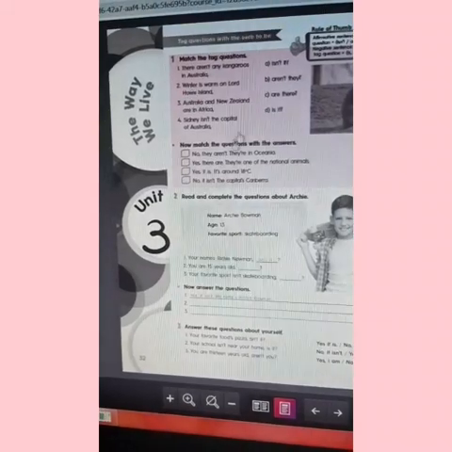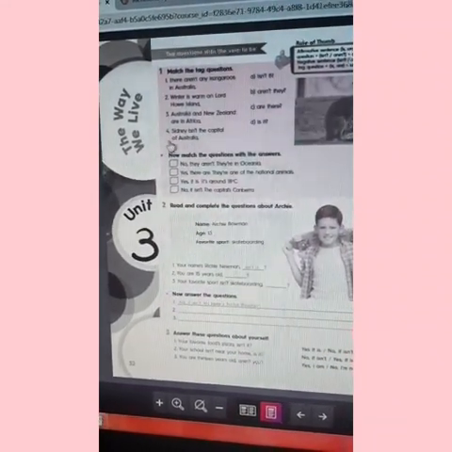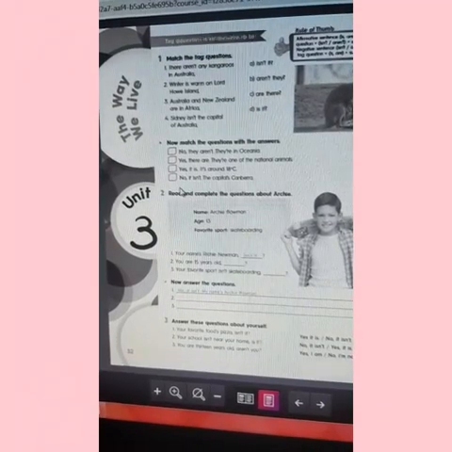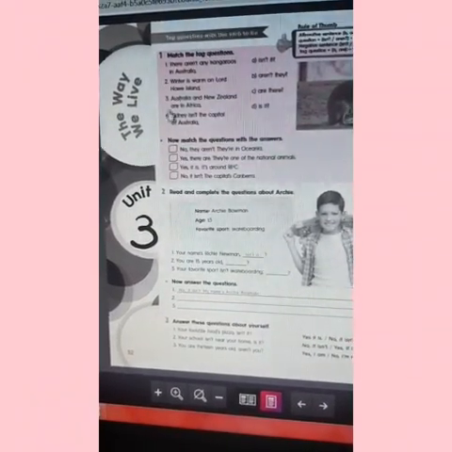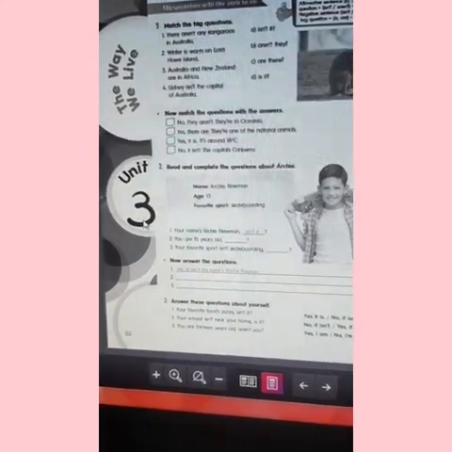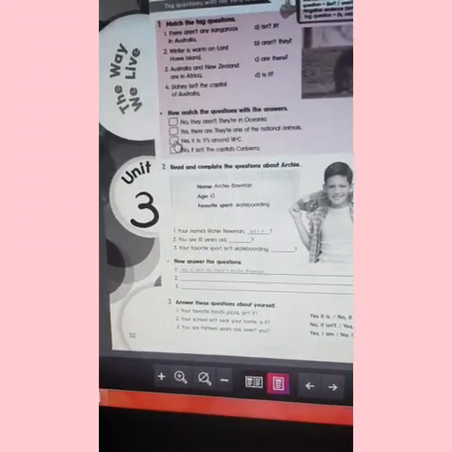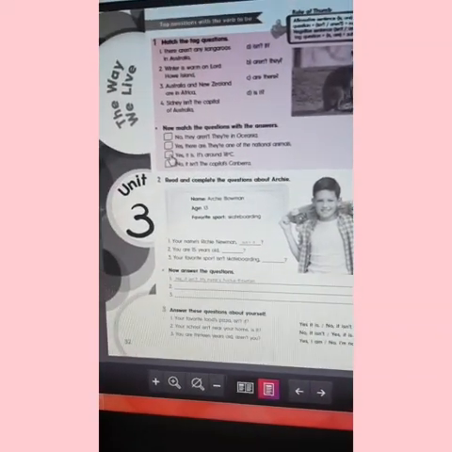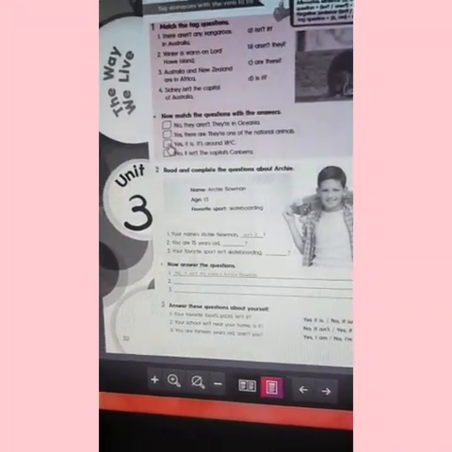Ok, number 2. Winter is warm on Lord Howe Island. Isn't it? And the answer is yes, it is. It's around 18 degrees Celsius.